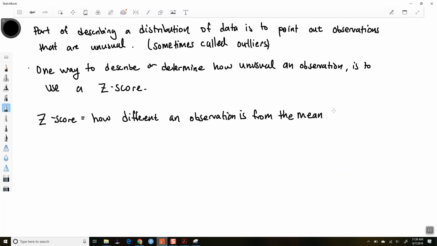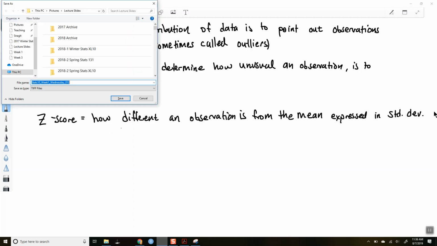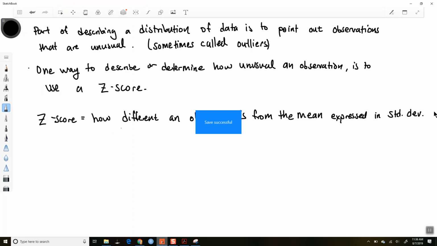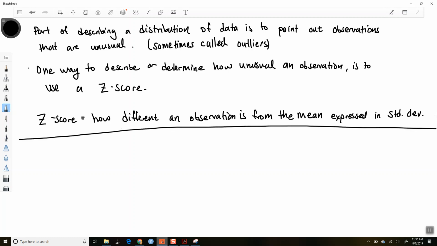So I'll just say: how different an observation is from the mean, expressed in standard deviations.